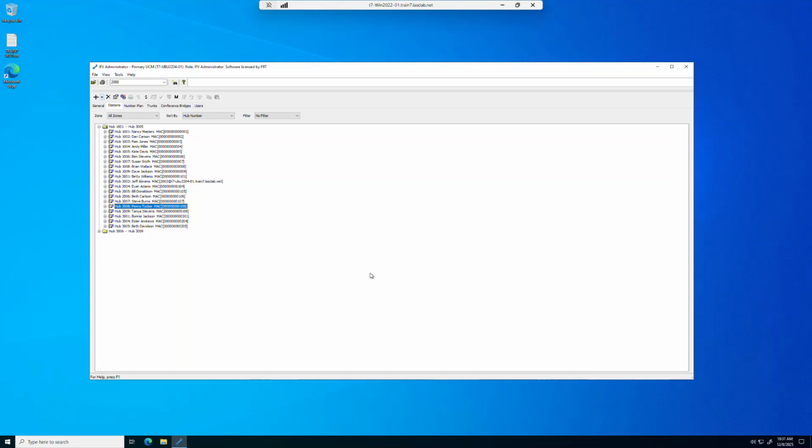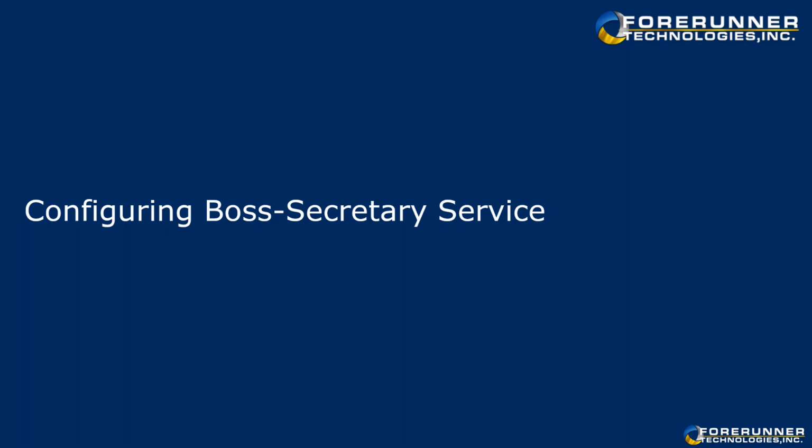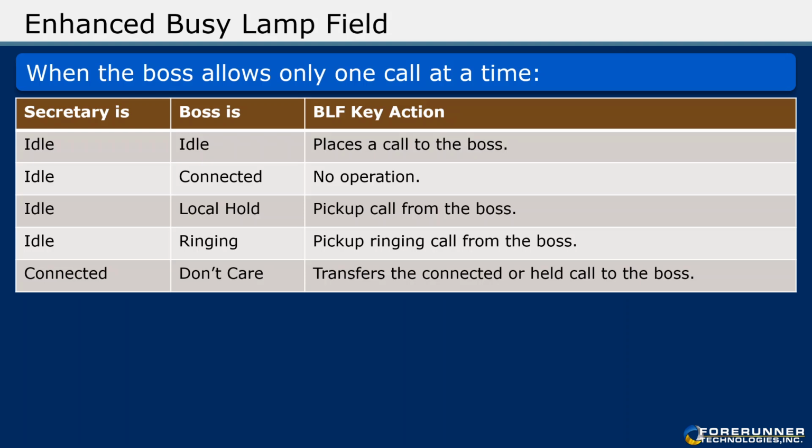But I will explain a little bit further the abilities of the enhanced BLF. I will go back to my slides and show you just a couple of slides with some information that will help you understand the abilities of the enhanced busy lamp field.